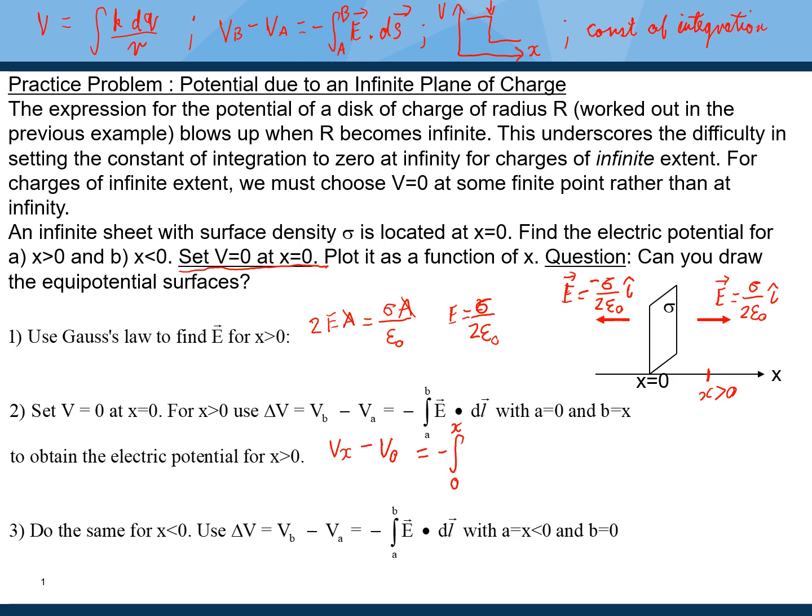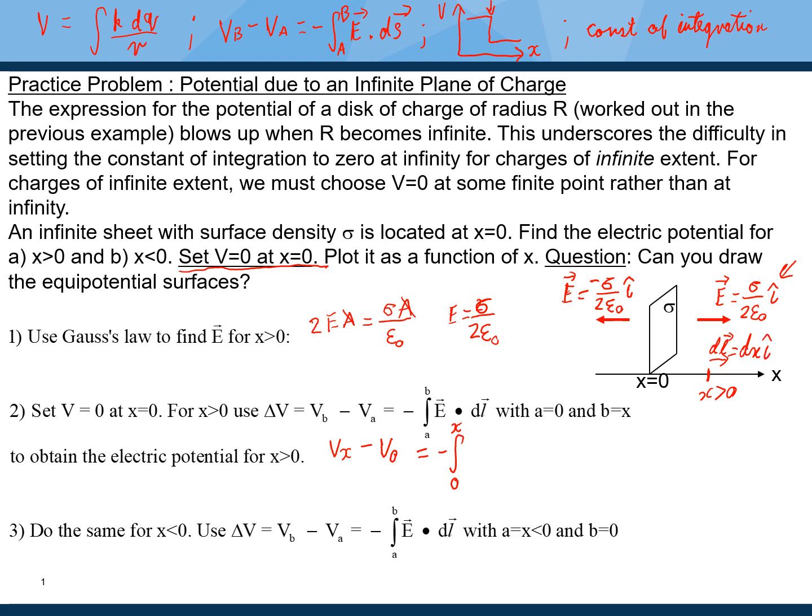Now notice that E vector is just this, which is oriented along the positive x-axis. And if we make a displacement dx, then the dl vector is also equal to the displacement dx in the positive x direction times i hat.